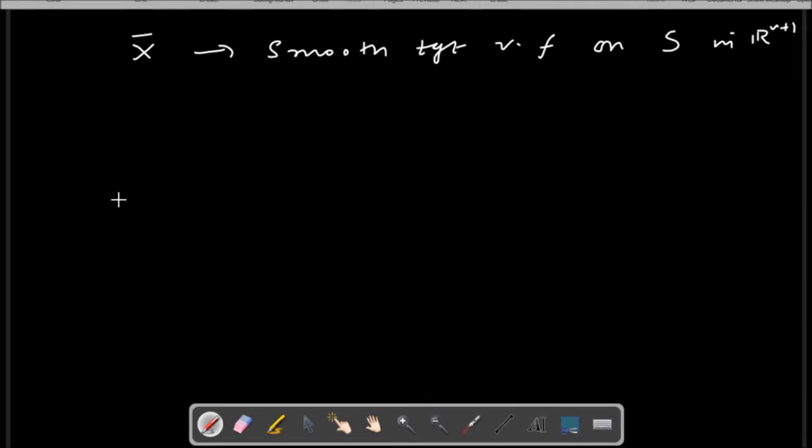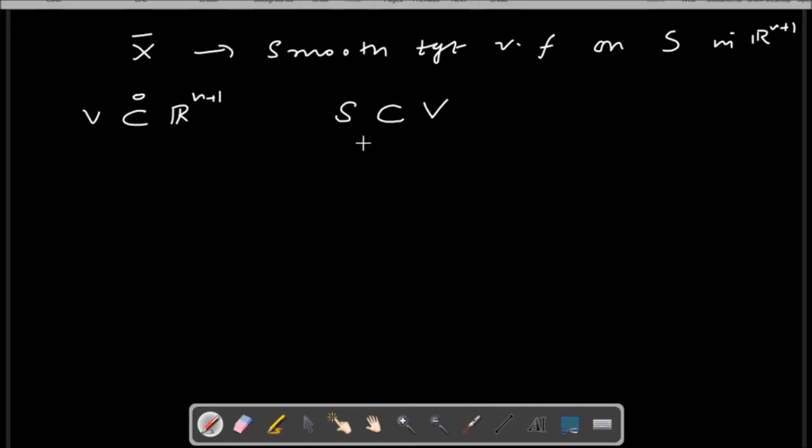Now let us consider an open set V in R^(n+1). We are considering it in such a way that S is completely contained in V. So we are considering an open set V containing S. Let it be there. That is the first open set we are considering.